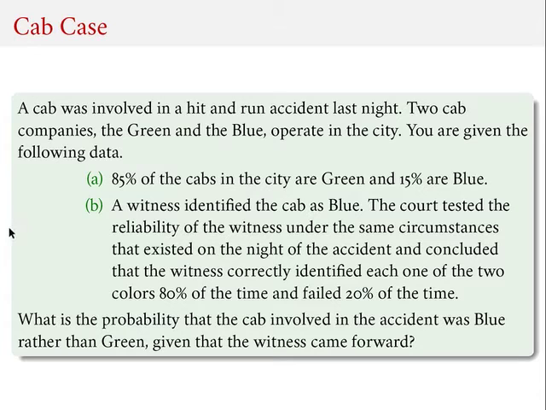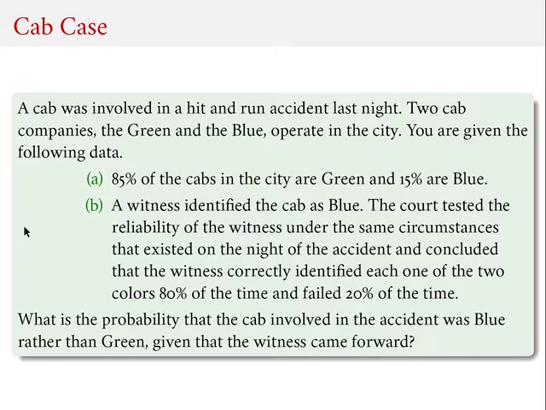Now, the court tested the reliability of this witness under the same circumstances that existed on the night of the accident, and concluded that the witness correctly identified each one of the two colors 80% of the time and failed 20% of the time.